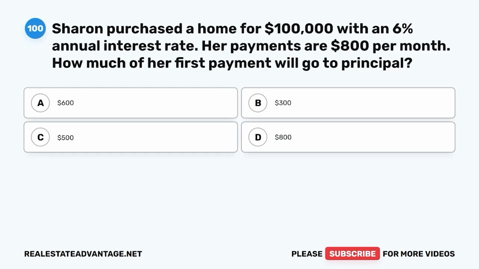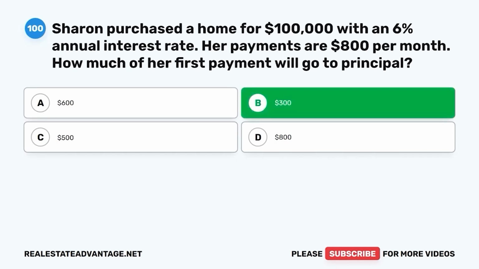Question 100. Sharon purchased a home for $100,000 with a 6% annual interest rate. Her payments are $800 per month. How much of her first payment will go to principal? A. $600. B. $300. C. $500. D. $800.